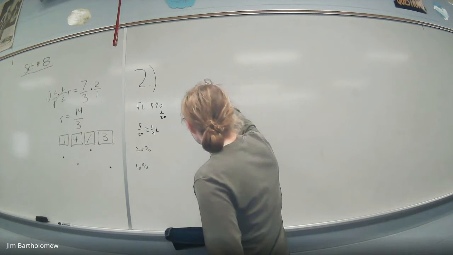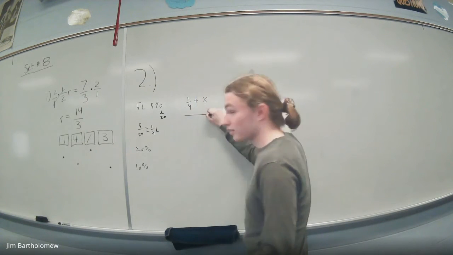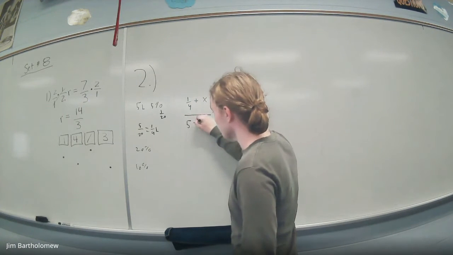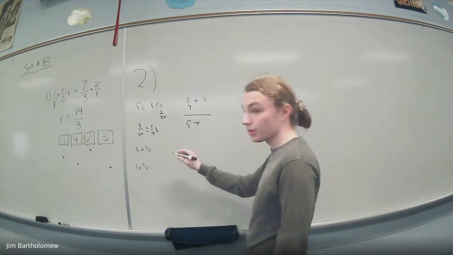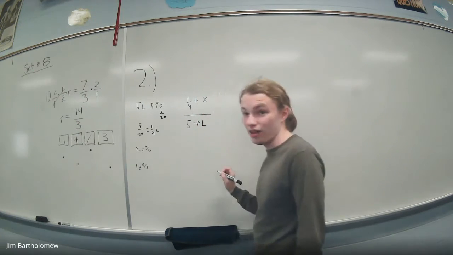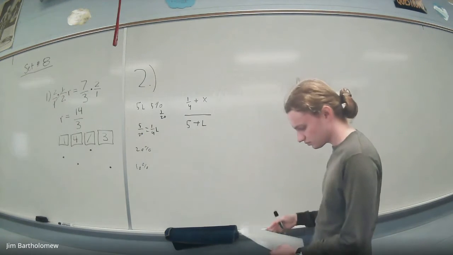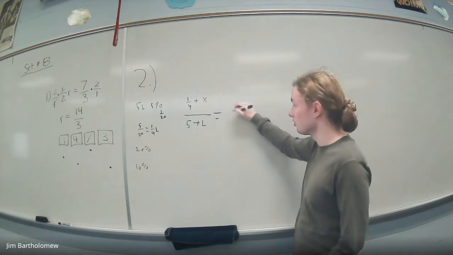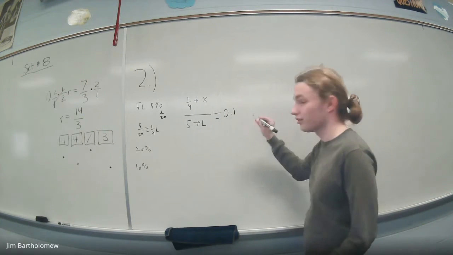We'll call that X, and that's over your total, which is 5 liters of solution plus however much 20% solution you add, which we'll call L, so how many liters it is. And that has to equal 10% solution, which would be 0.1, because that is 10%.